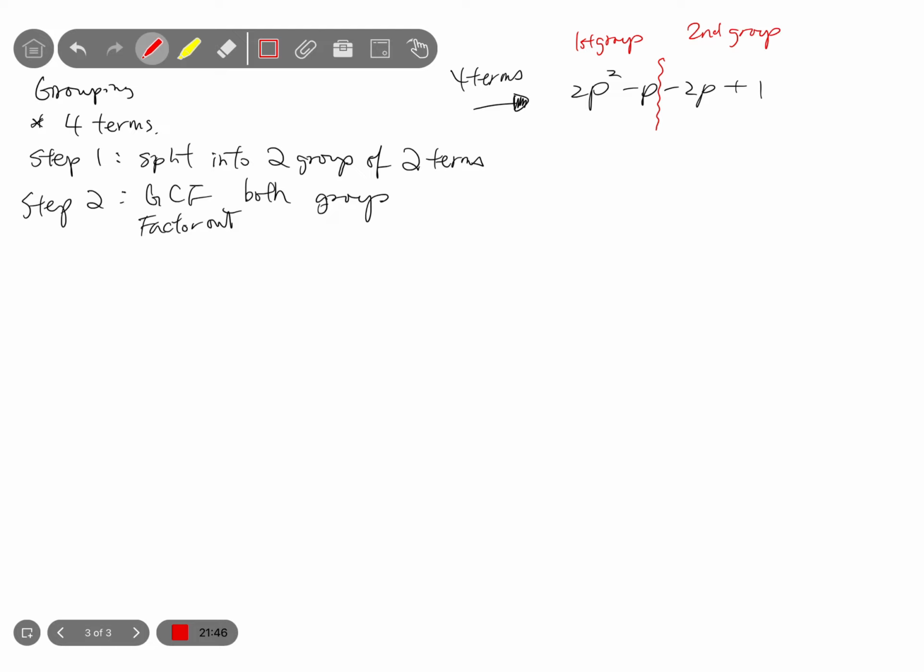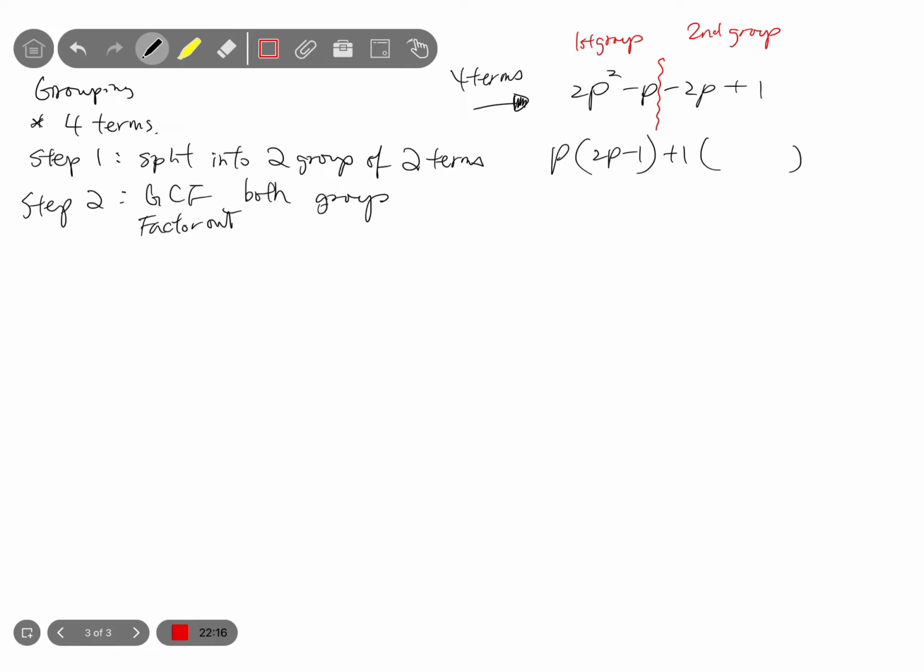So from here, we're going to find the GCF of each group. Now I'm going to assume we're all experts at finding GCF. So I know looking at 2p squared minus p, my GCF is p, my leftover is 2p minus 1. Now looking at the second group, notice, I don't have anything in common, so the only thing we could have is a plus 1.